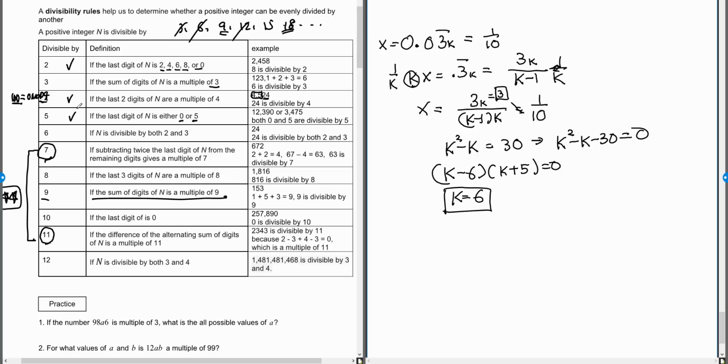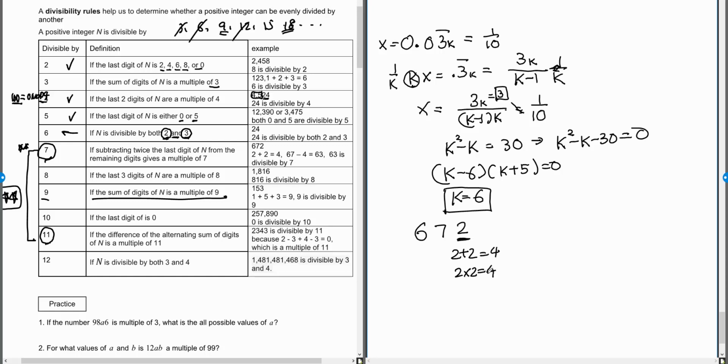Divisible by 6 is what? Divisible by 2 and 3, not or. It should be divisible by 2 and divisible by 3. That is divisible by 6. Now divisible by 7 is the most popular, important one. Divisible by 7 is what? Check the last digit, 672. Take twice the last digit, or 2 times 2, it doesn't matter, the same number.